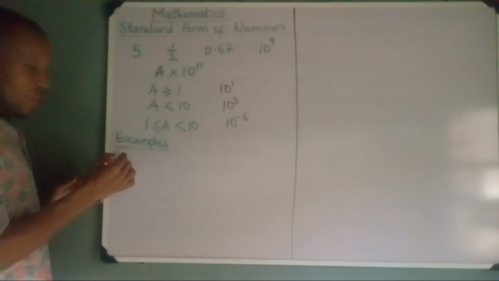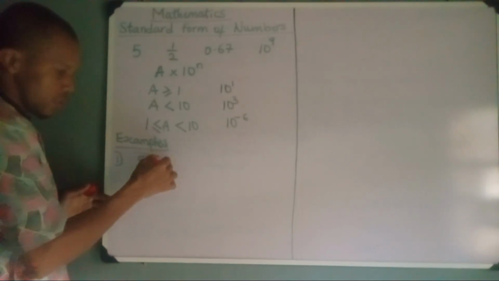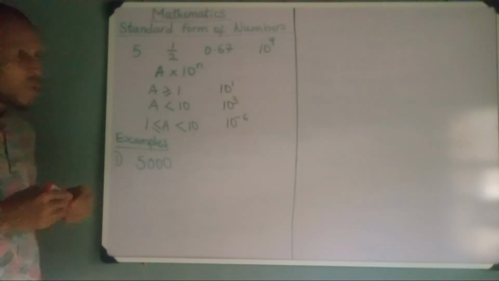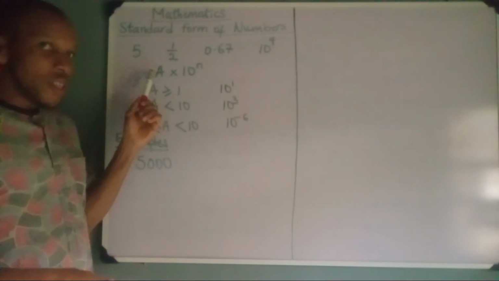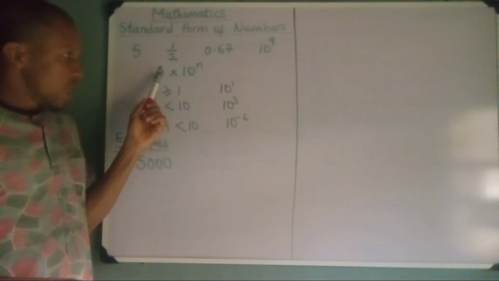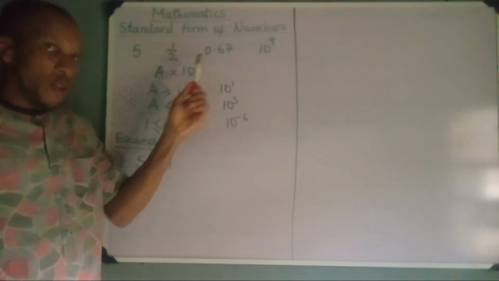First, what if I have a number like this? 5,000. Don't forget, we have to get the first significant digit. That's a unit value, and multiplied by the power of 10.